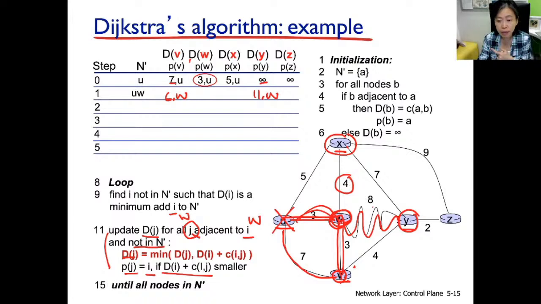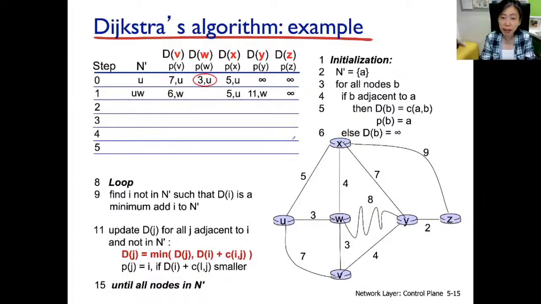Is 7 better than dx? dx was 5. So in X's case, it's not better, so we'll keep 5. Z not being connected will remain the same, remaining infinite. And therefore, we should see 6W here, 5U here, 11W here, and infinite here.